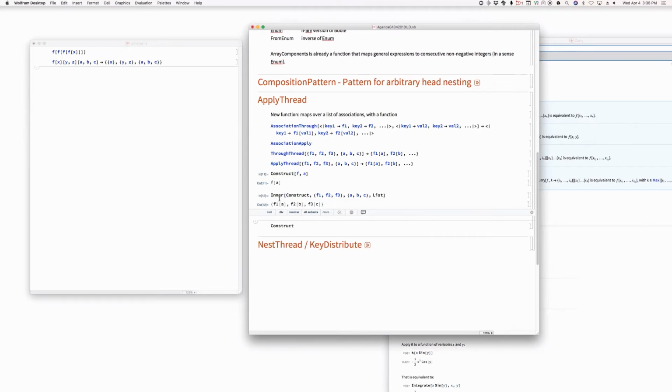What would be the convention here? In the case of thread, what that would be doing is, if we said thread G of that, right, it does this. So in a sense, this is thread construct.